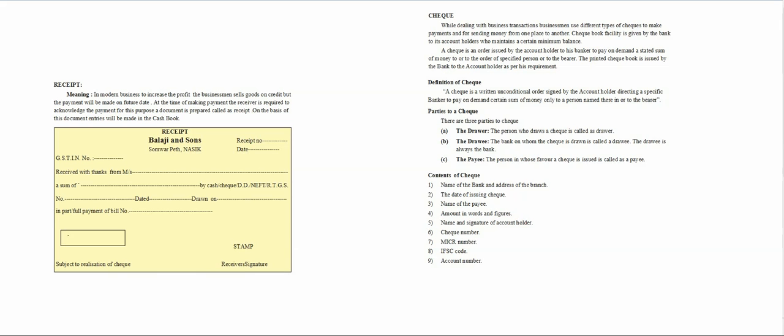Check is a written order issued by the account holder addressed to the bank to pay a certain sum of money specified therein to the person in whose favor the check is drawn.